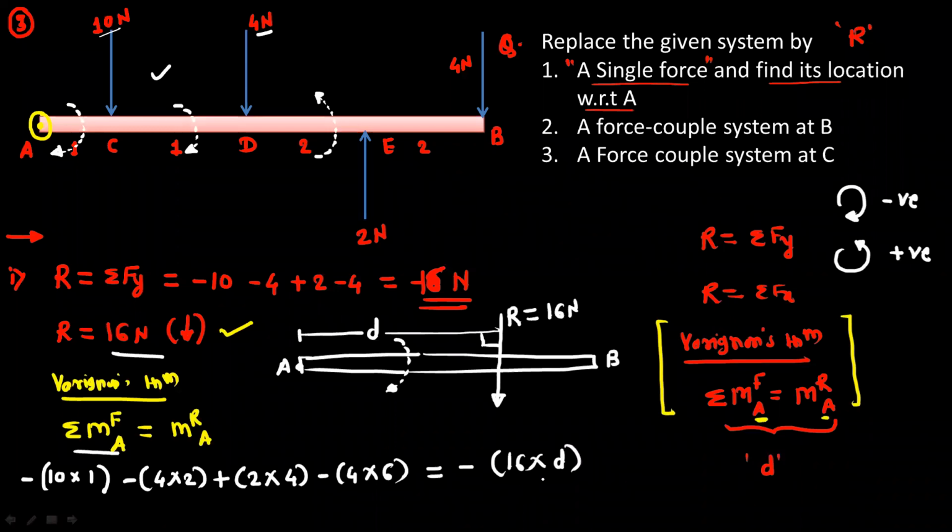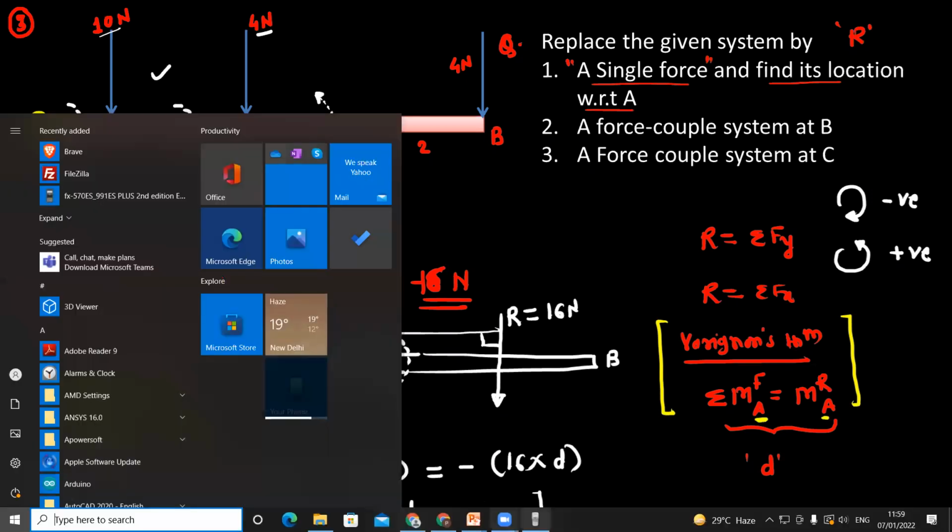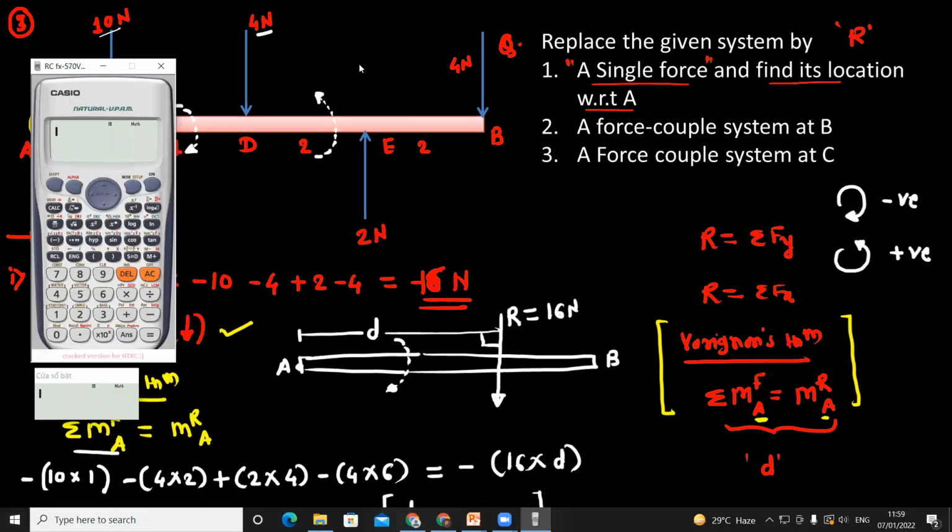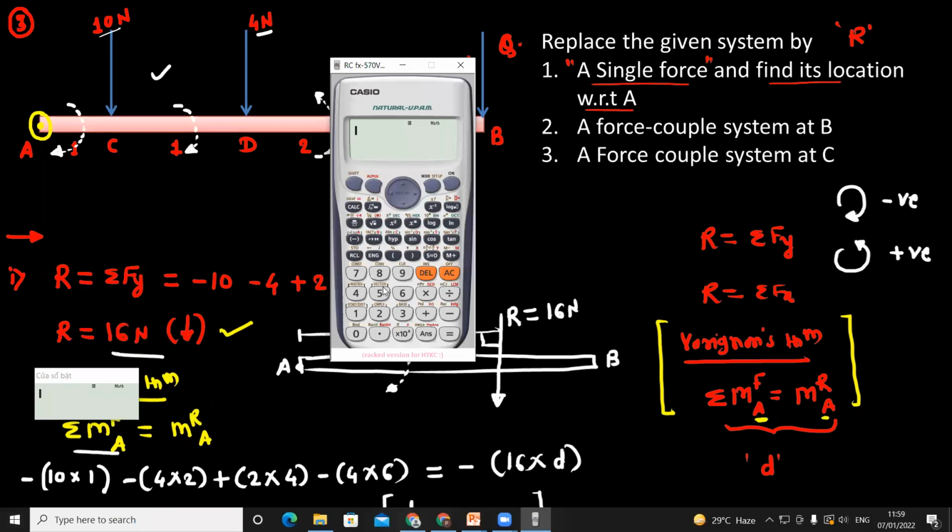So here the unknown value is D. So solve this equation in your calculator and get the value of D. So your answer is 2.125.